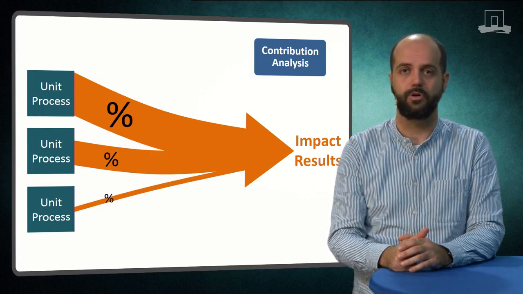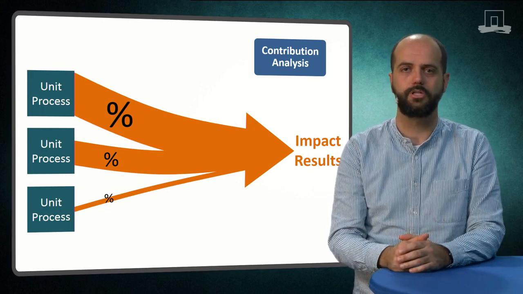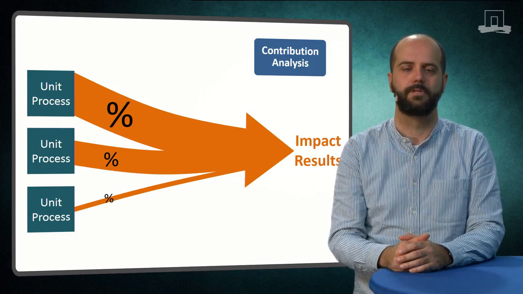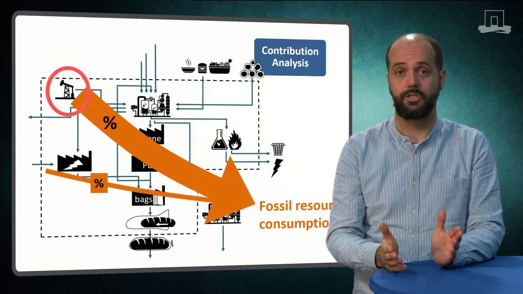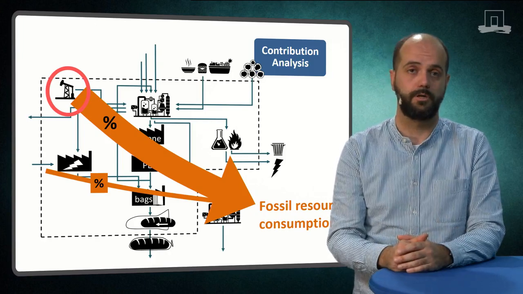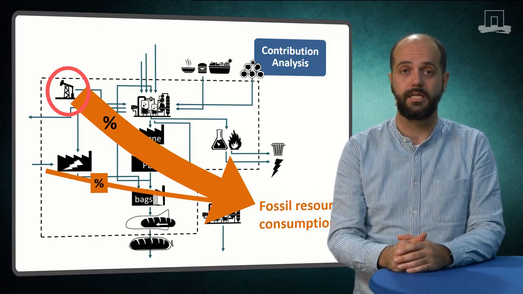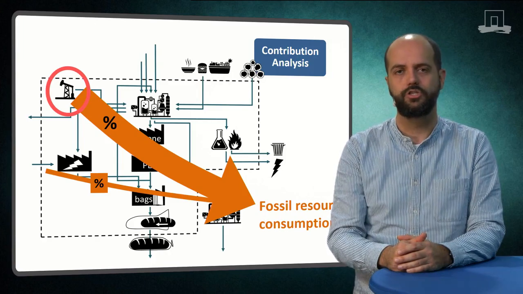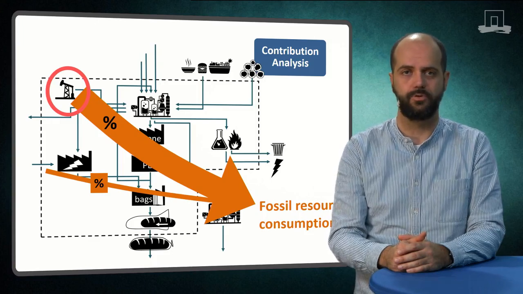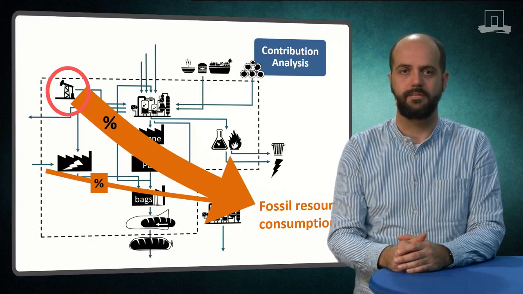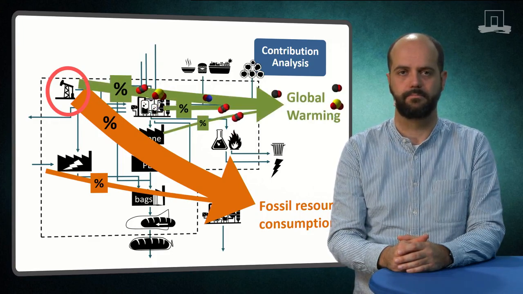If we are interested in the contribution of a specific unit process to an impact, contribution analysis will give us the answer. For example, if we go back to our bread bag product system example, contribution analysis can tell us what percentage of our fossil fuel resources consumed is due to crude oil extraction and what percentage is due to electricity use. We can also identify which unit process contributes most to global warming.